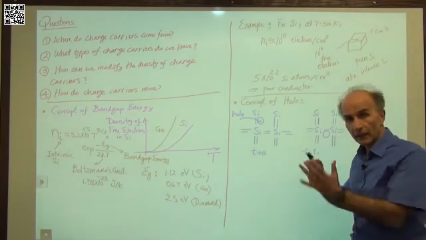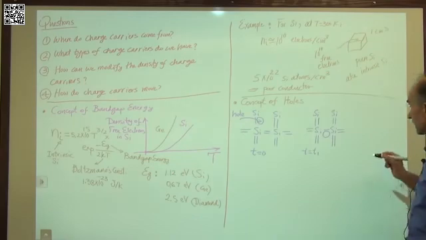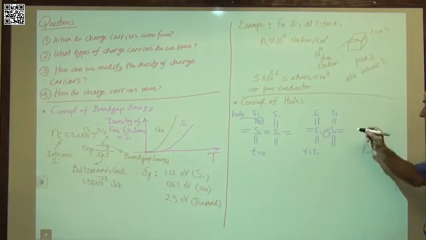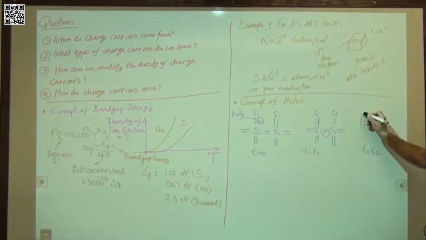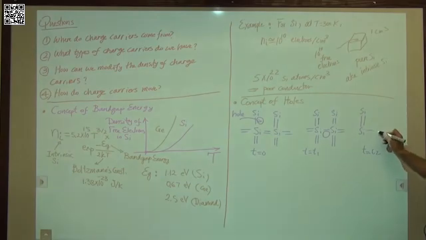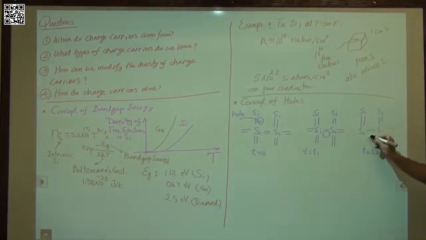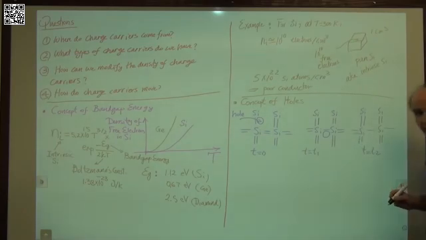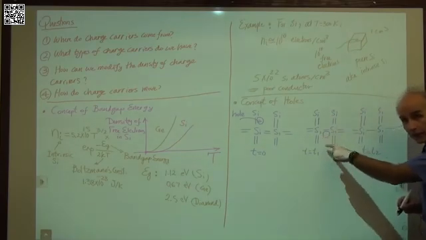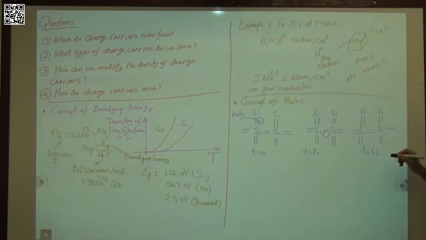Now let's take another picture a little later and see what happens. So we go to t equals t2 and try the same thing. So again, we have these atoms, silicon here, and so on, and all of these. And it just happens that another electron comes out of this bond and fills this hole. So we have this complete bond here, but then we have a hole here.